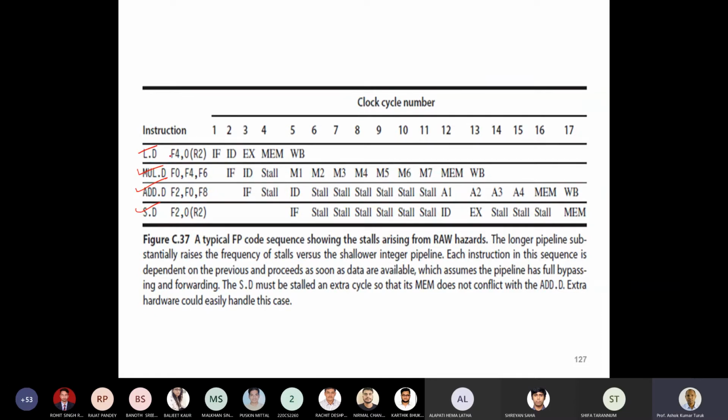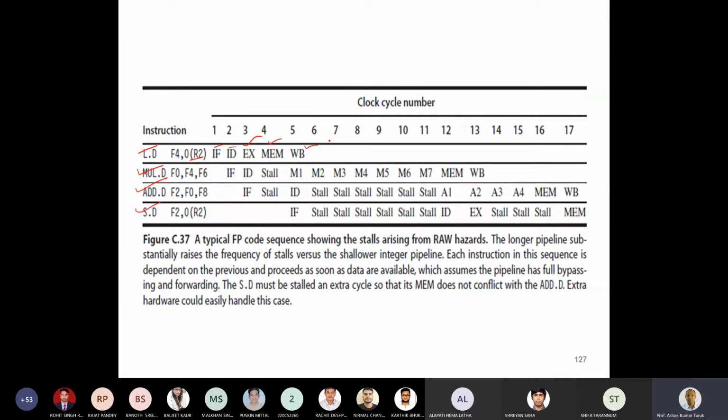Load and store use the integer unit. Load, store, and integer ALU operations are all computed in the integer unit, and the integer unit takes only one clock cycle. So you fetch, decode, compute the memory address, access the memory, and write back to the register.